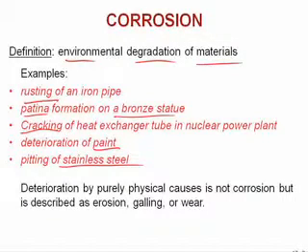Even very corrosion-resistant materials, like stainless steel, will corrode, and we'll talk about all of this. So corrosion is the interaction of the material with its environment in a way that degrades its properties. We rule out purely physical forms, such as erosion, galling, or wear, which also can be very important, but those are not within the realm of corrosion.